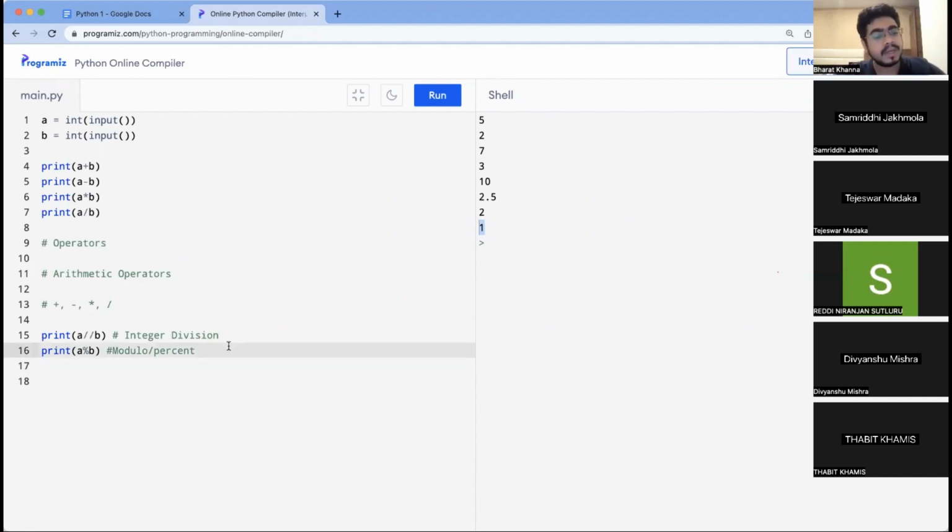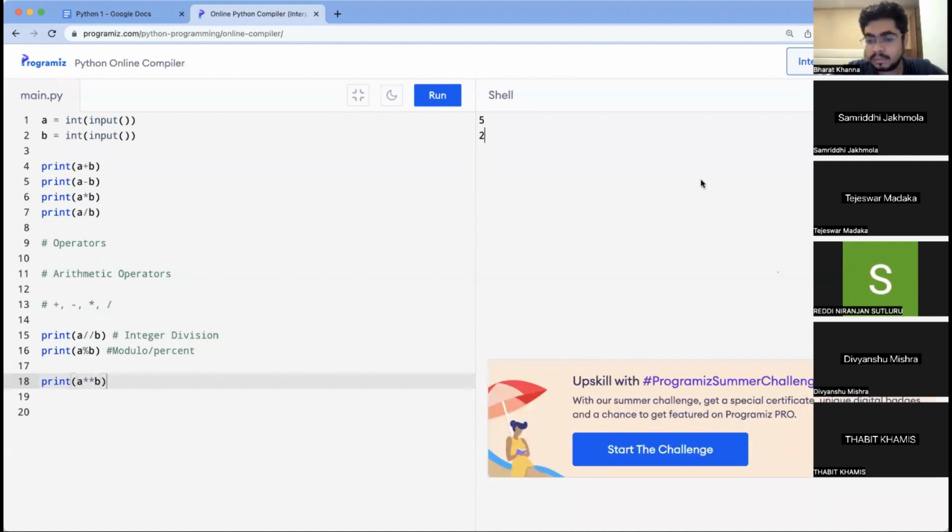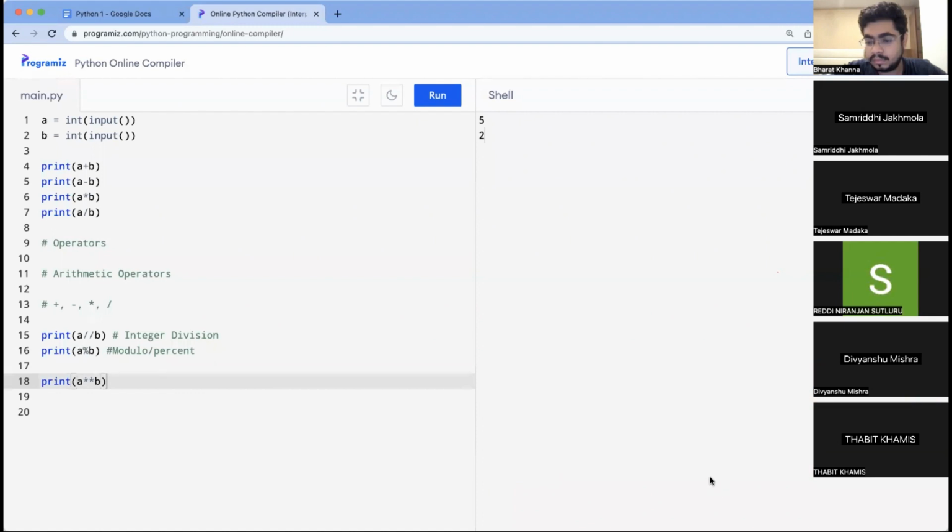One last important arithmetic operator is power. If we want to raise a to the power b, we can directly say a star star b. So what would be 5 to the power 2?